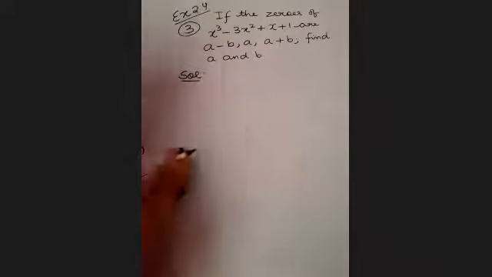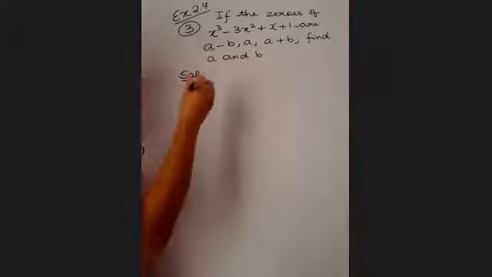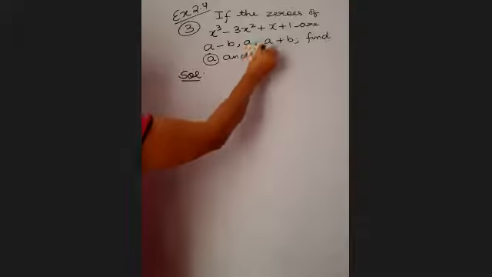Children, why am I saying two relations? Because we have to find just two unknowns here, which are a and b.